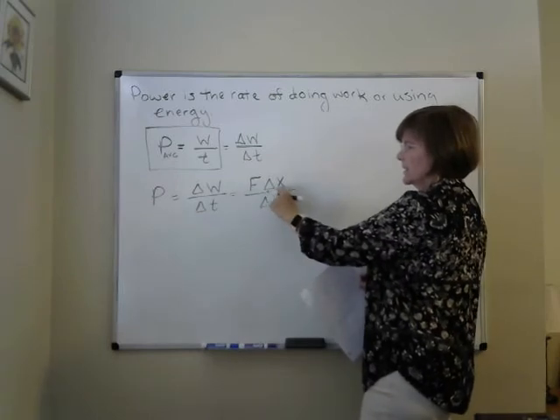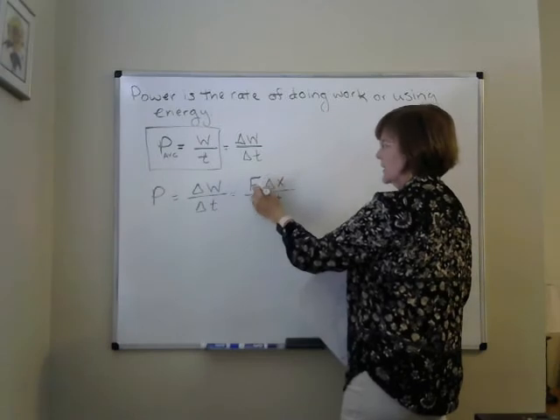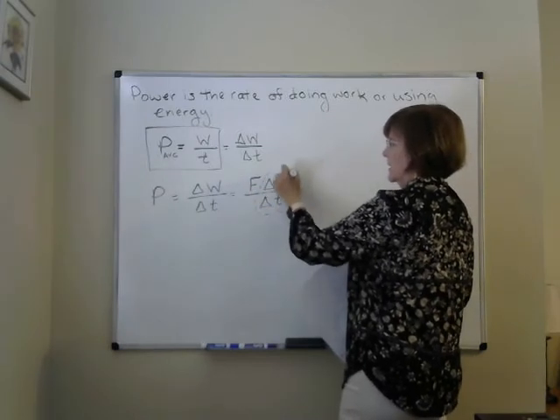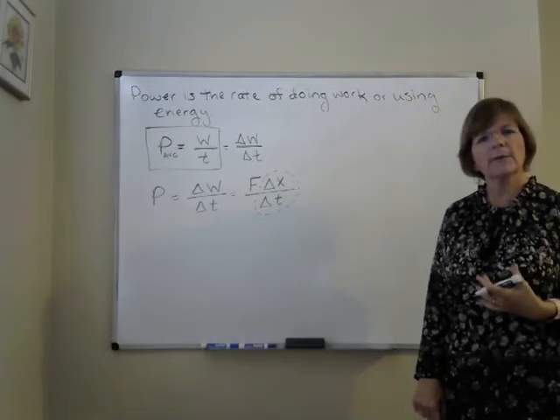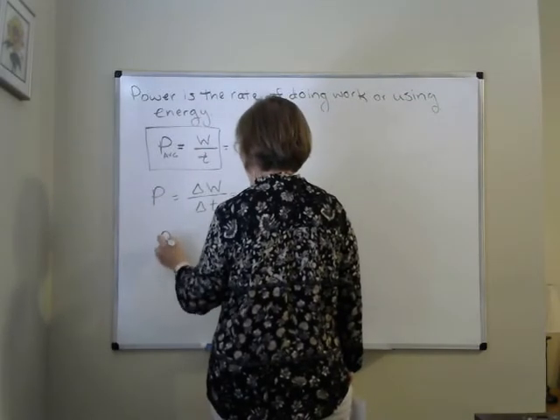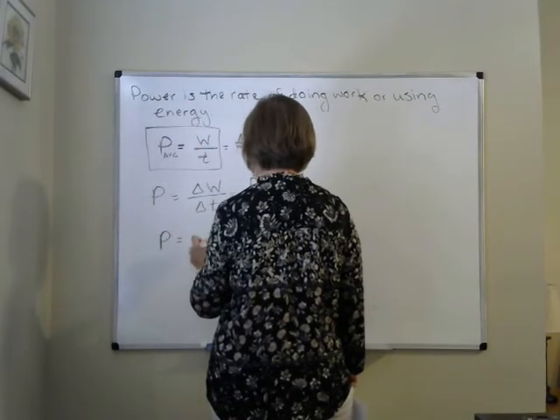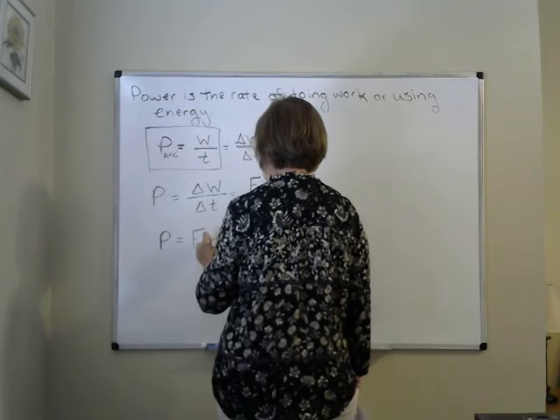This is a time interval, but what is this quantity? A change in position, or a displacement, divided by a time interval is simply a velocity. So an alternate definition for power can be that it is the force times the velocity.